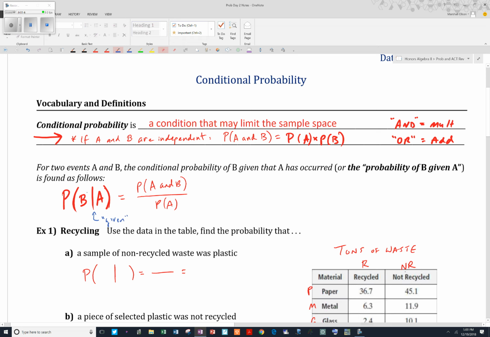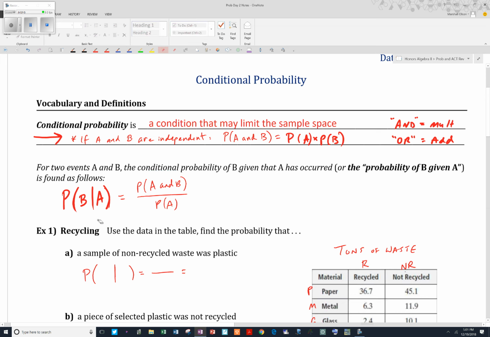So we're finding the probability of B, but what we're saying is A has occurred, and that's going to affect that probability of B. So in other words, they're not independent events. The calculation then is to take the probability of A and B right here, and then divide it by the probability that A has happened.